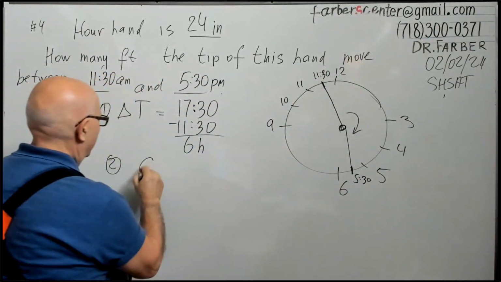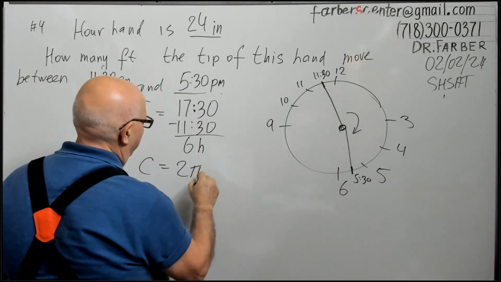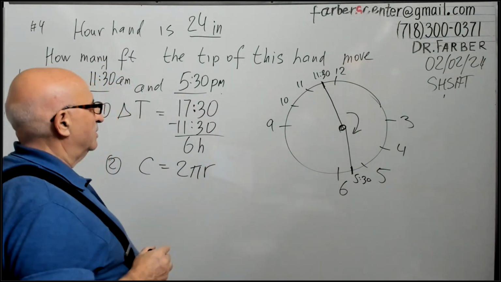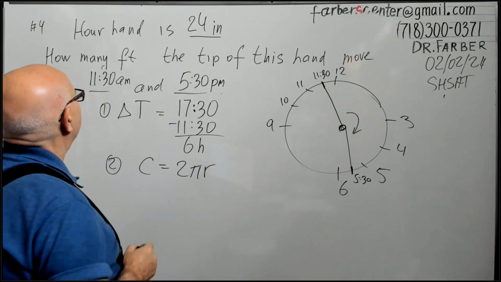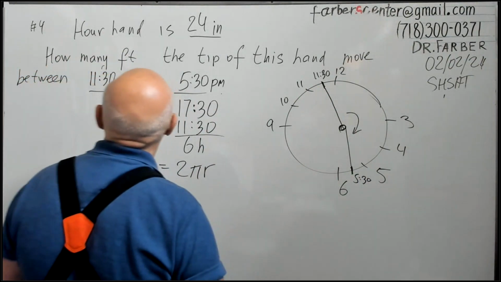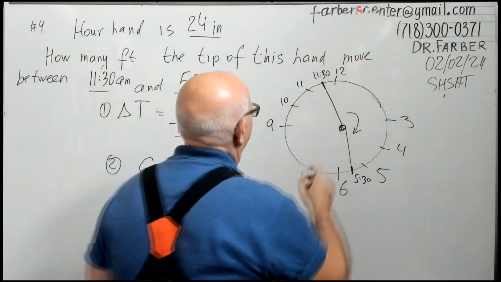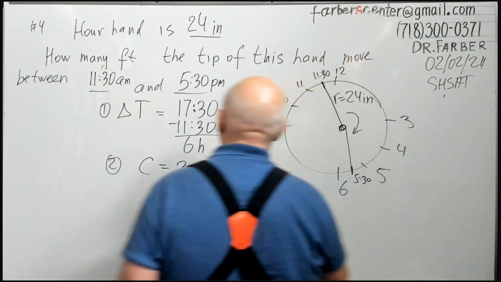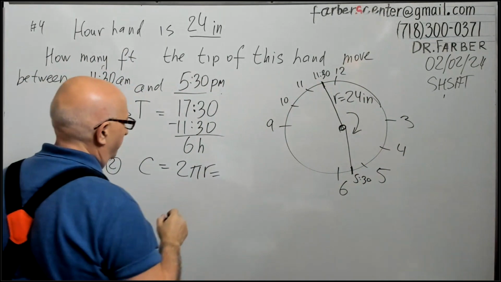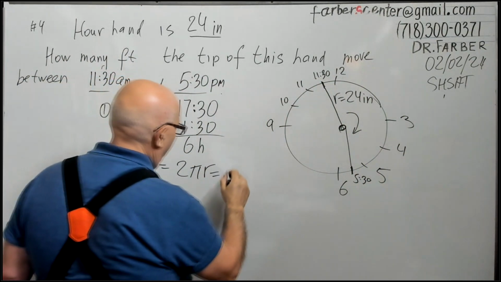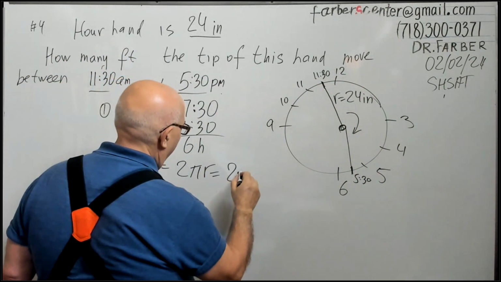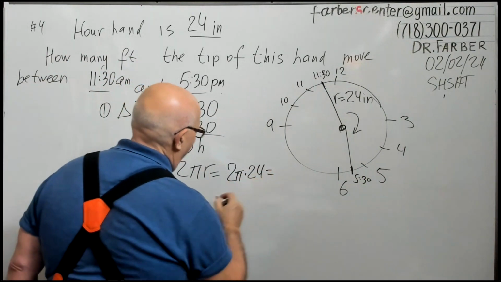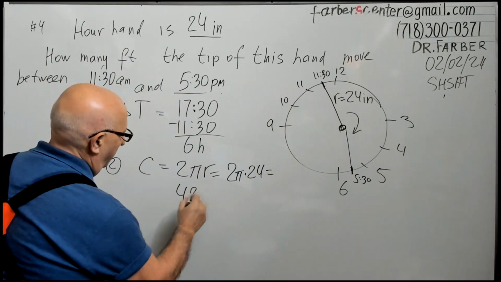Circumference equals 2 pi r. Remember, students, the formula for circumference. And since our radius is 24 inches, it equals 2 pi times 24, which is 48 pi.